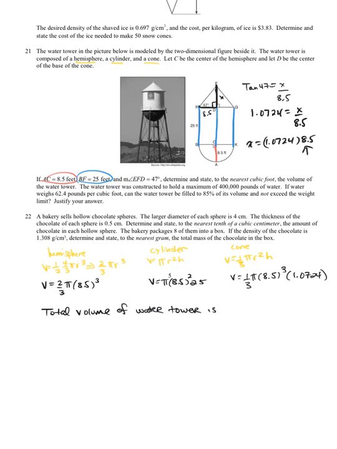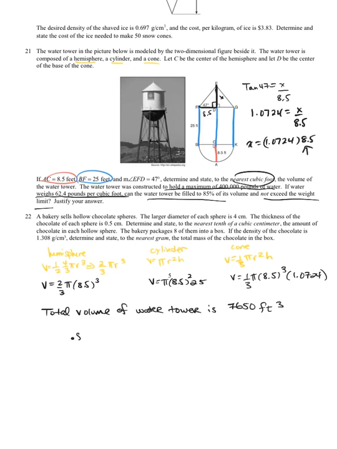Okay, now we want it to the nearest cubic foot, 7,650 cubic feet. Then they put a restraint on this problem. They say that the water tower was constructed to hold a maximum of 4,000 pounds of water. Water weighs 62.4 pounds per cubic foot, so we're going to get rid of volume, but we're only filling it to 85% of its volume, and we want to know whether or not that exceeds the weight limit.